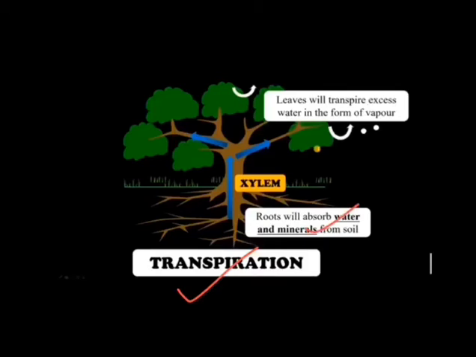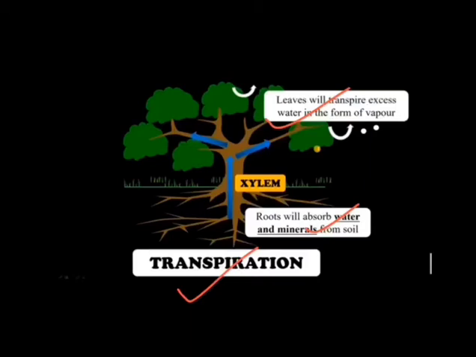So some water is utilized and the excess water from the leaves will transpire in the form of vapor. So leaves will transpire excess water in the form of vapor, and the process is known as transpiration.